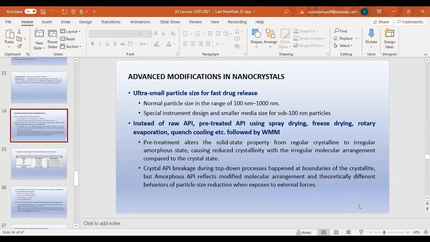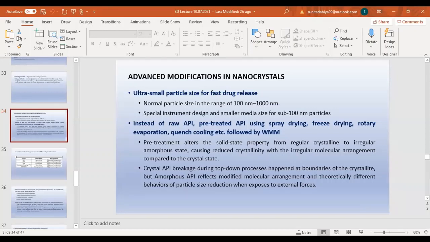Now, if you still want to improve the efficiency of the nanomilling, you can go for pre-treatment of the raw drug material. That means before the nanomilling operation, we first pre-treat the drug molecule, right? How? You can use spray drying, freeze drying, rotary evaporation, or the quench cooling method. And then that particle will be exposed to the wet media milling operation. Right?